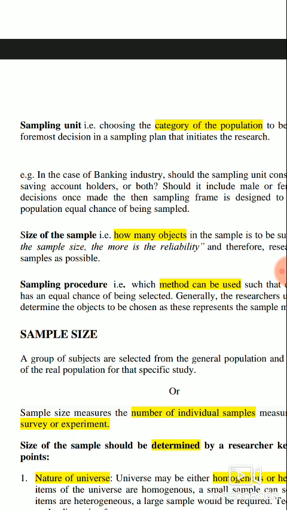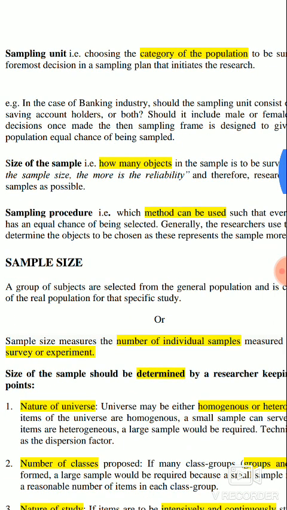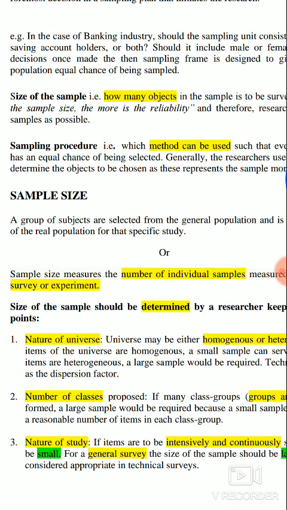The second element is sample size. It means the number of people you are going to draw as a sample. Depending upon the research, the size will vary. Third, sampling procedure. It includes methods. We will see it in detail later at the end of this presentation.